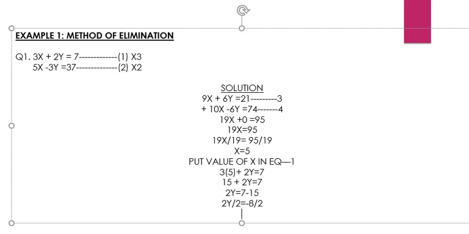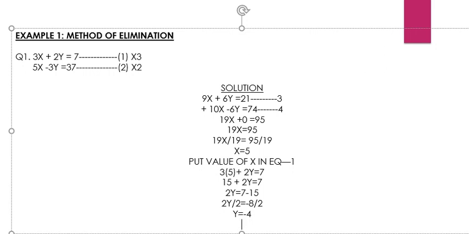So now 2 cancels 2, giving us y equals negative 8 divided by 2 is giving us what? Negative 4. Okay. So then we have our x to be 5 and our y to be negative 4.